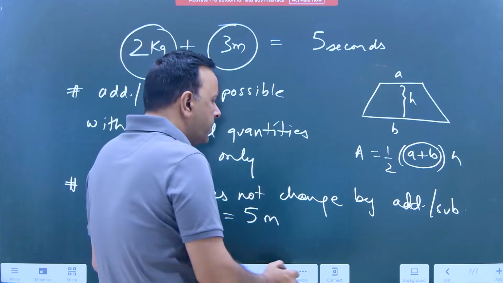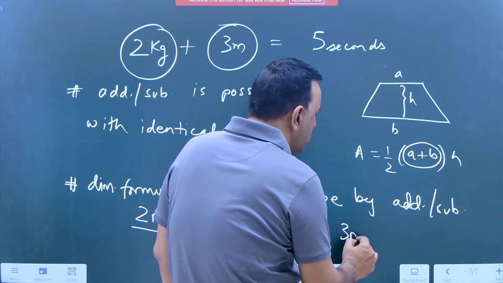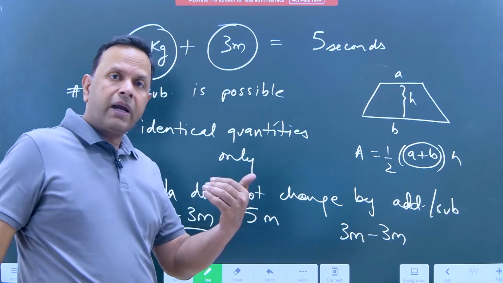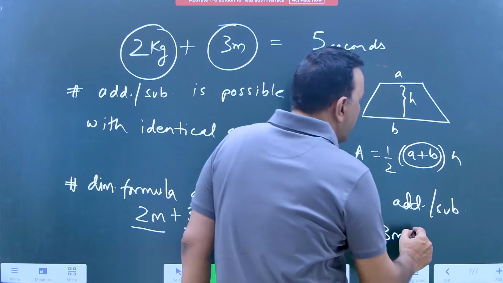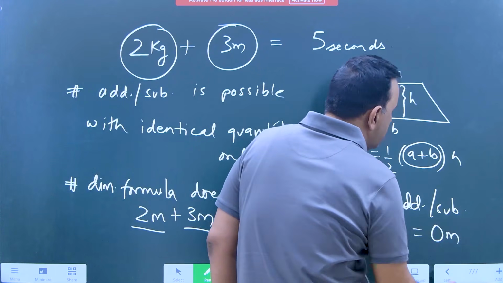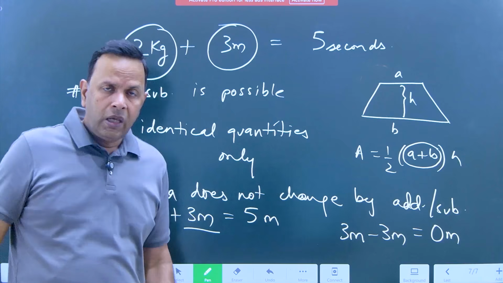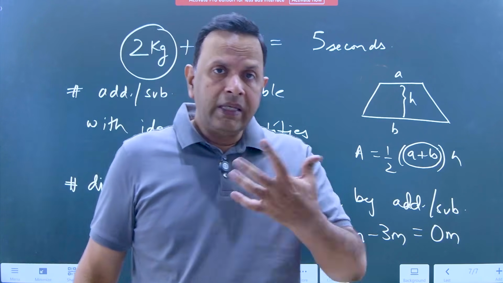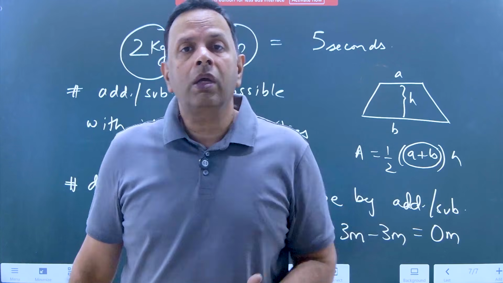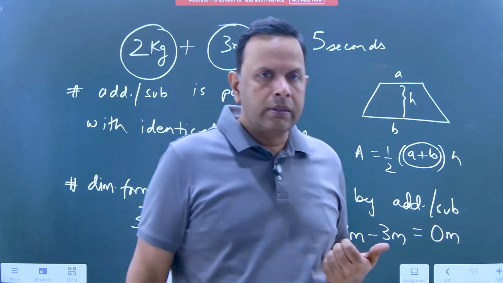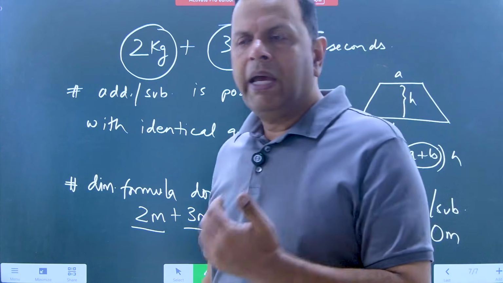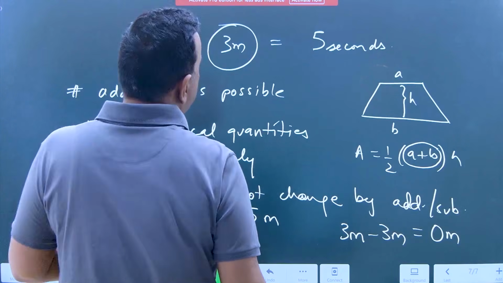Even if I subtract 3 meter from 3 meter, I'll not say 0, I'll say 0 meter. Even the 0 will come with the unit. So it describes that you are talking about the absence of a distance. Got it?